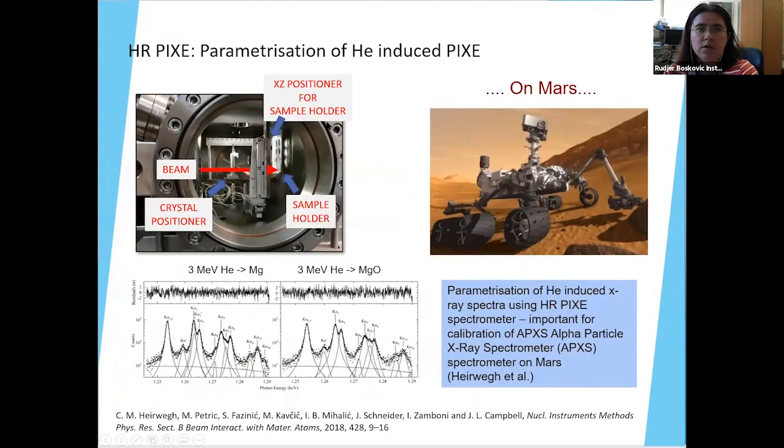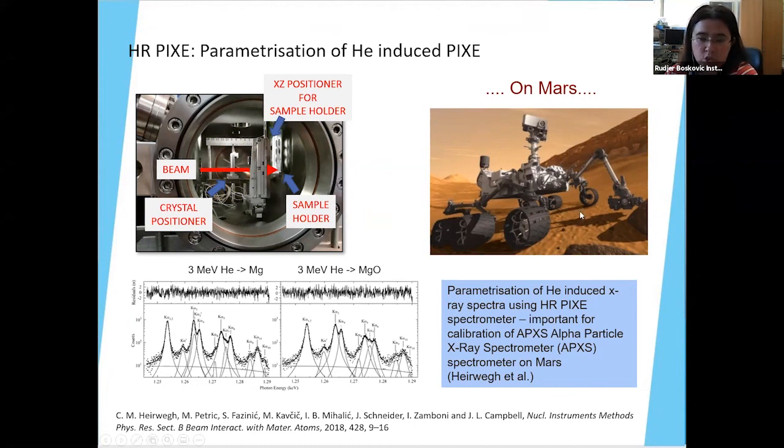And finally, this is an example of one high-resolution PIXE experiment. Basically, this is a high-resolution experimental chamber where you can obtain a very narrow PIXE spectrum, with very good resolution of a few electron volts. The purpose of this study was that on Mars, they use alpha particle X-ray spectrometers to determine the elemental composition of rocks; they excite the samples, the rocks, with alpha particles.